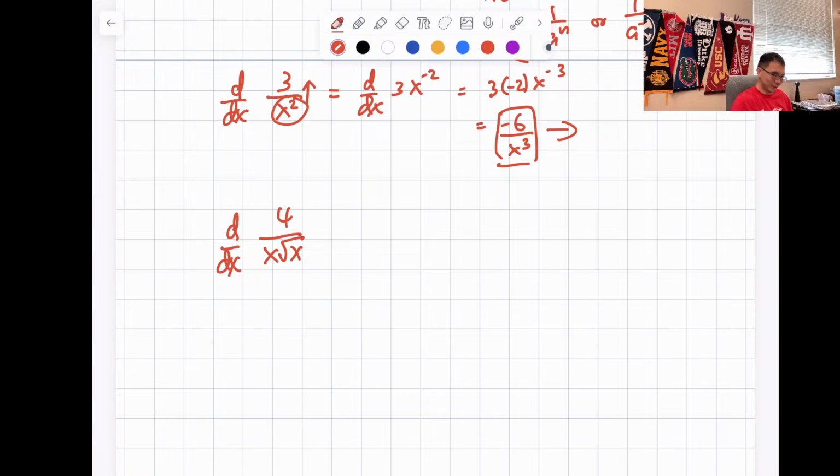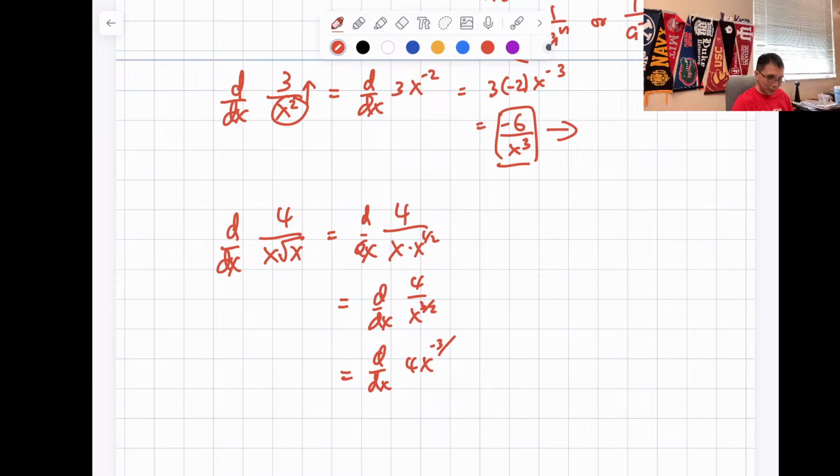Using the exponent rule, that's 4 over x to the 1 plus 1/2. Would you agree? And that's d/dx of 4 over x to the 3 over 2, which is 4x to the negative 3 over 2. Does that make sense? I haven't taken the derivative yet.